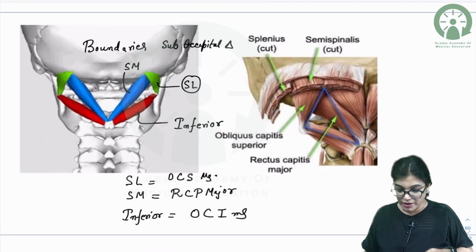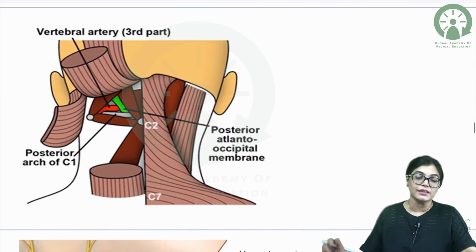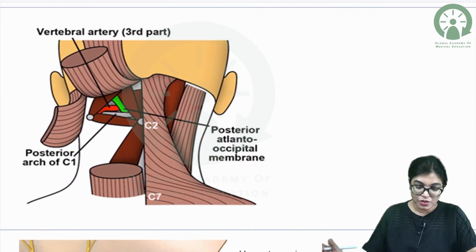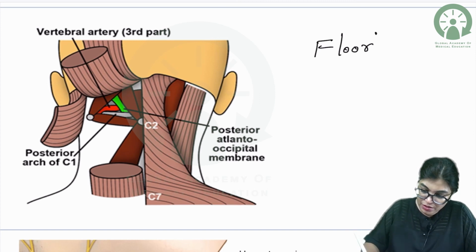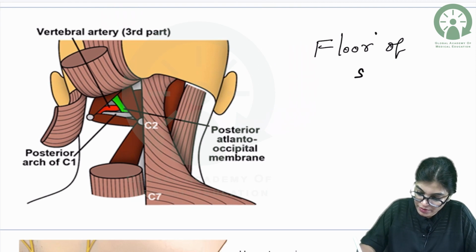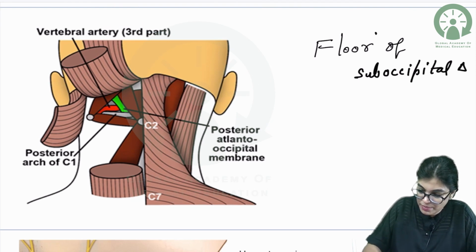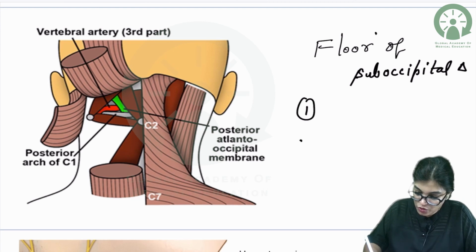And the next important point is to know the content and the floor structure. So please write down the floor structures. Floor of suboccipital triangle is formed by 2 important structures.